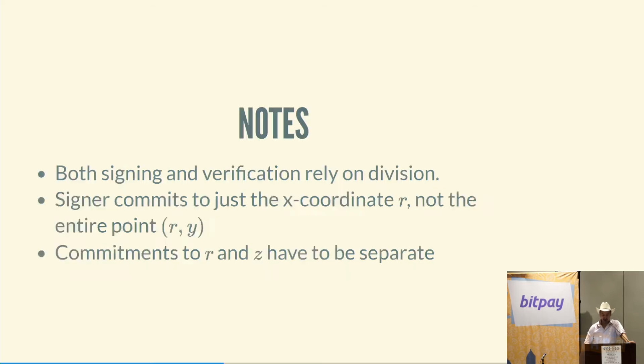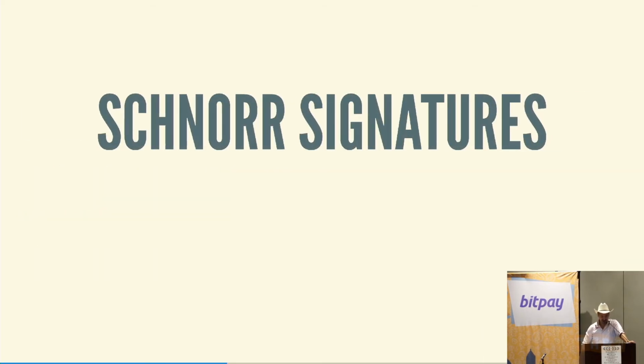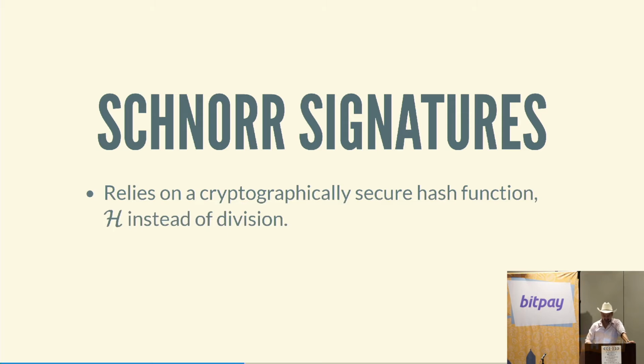All right, so here's what a Schnorr signature is like. It relies on a cryptographically secure hash function H instead of division, and that's the key. We can use this additional construct called a cryptographically secure hashing function, which has pre-image resistance and collision resistance.